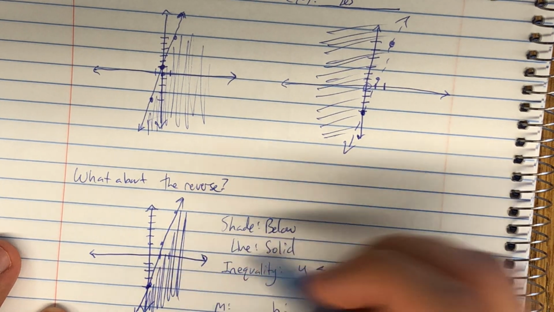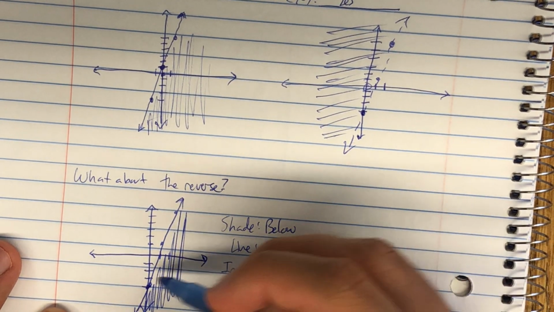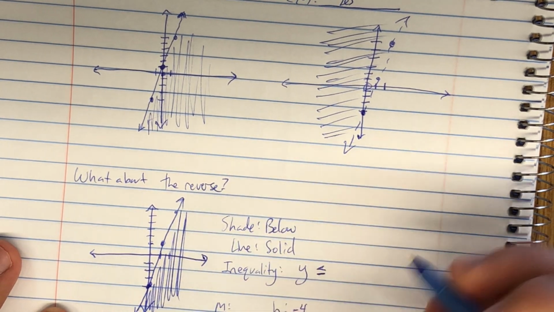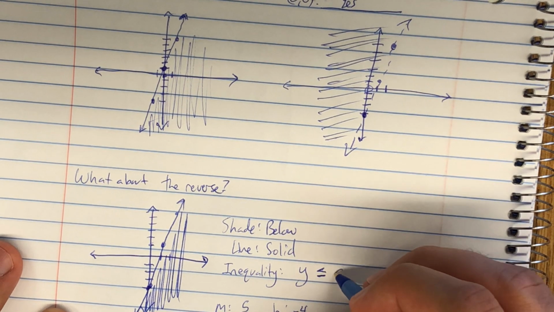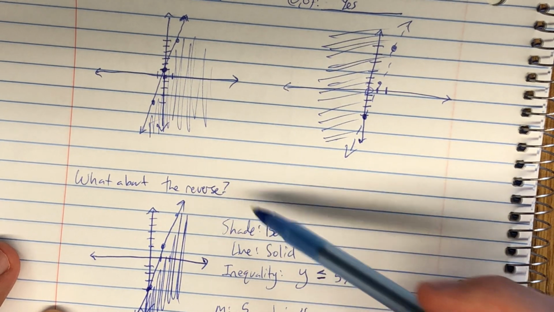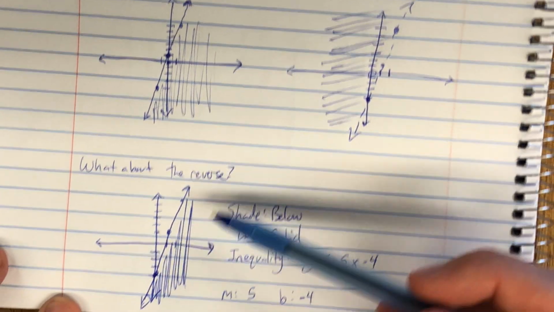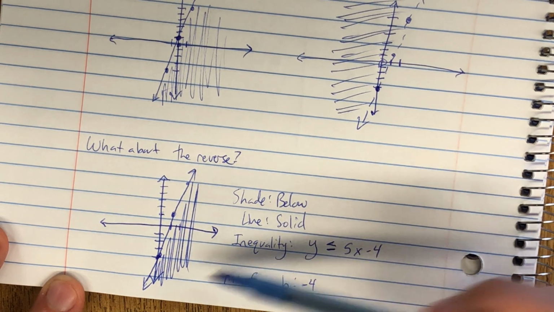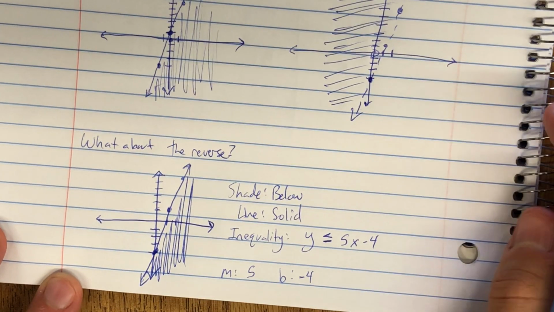Well, the y-intercept is at -4. The slope, I notice we go up 1, 2, 3, 4, 5 over 1. So the slope is 5, so we'd have 5x minus 4. When you are finding a linear inequality from the graph, if you need to write it, look for the shade, the line type, the y-intercept, and the slope, and you should be able to find it.